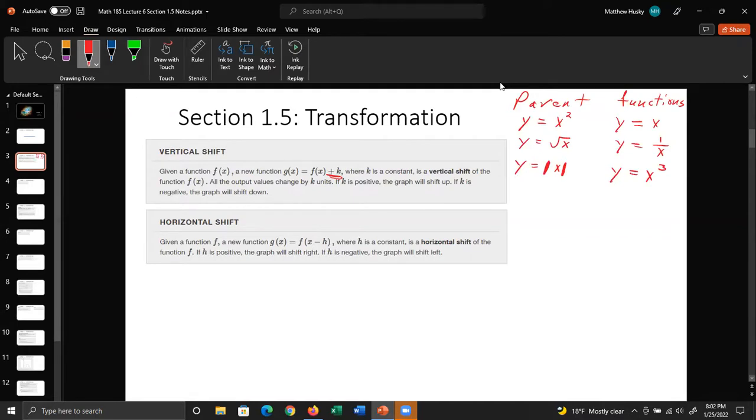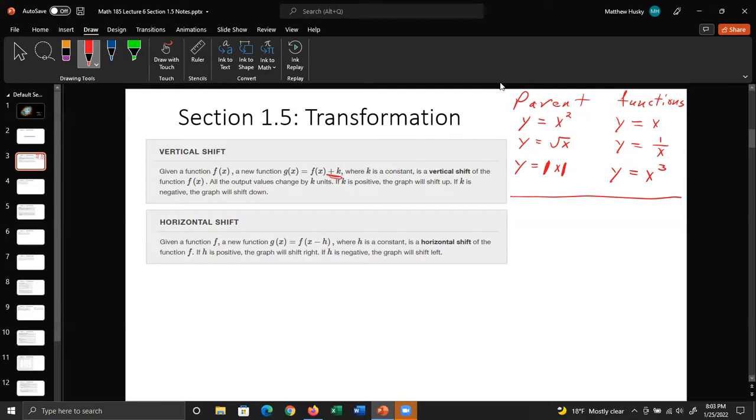And these are basically just your most basic generic kinds of functions that you can have. You could have a squared graph, you could have a square root curve, you could have a v, which is what absolute value looks like. Y equals x is just going to be a line. 1 over x gives you this kind of funky curve called a hyperbola. And then the x cubed graph is an S curve, is kind of what that looks like. And so with each of these parent functions, you can basically transform them in different ways.